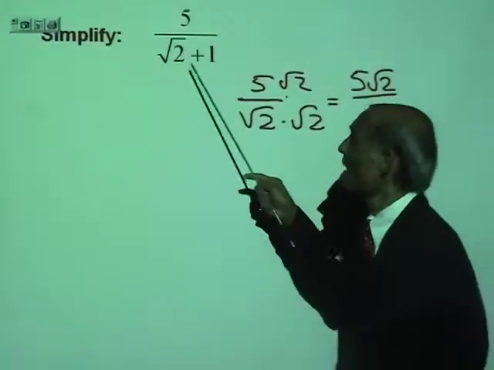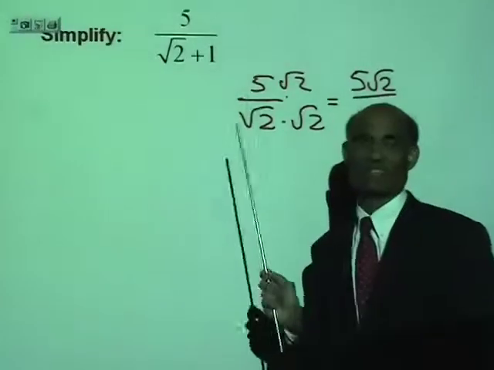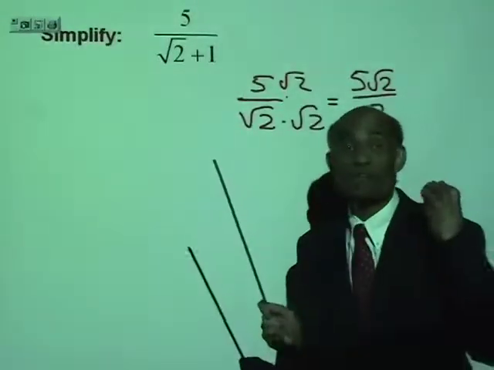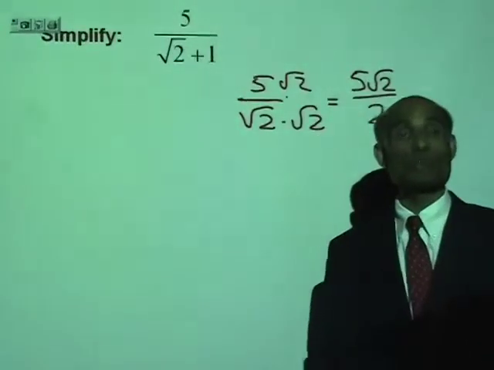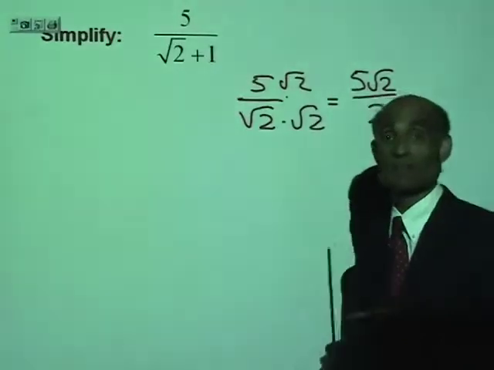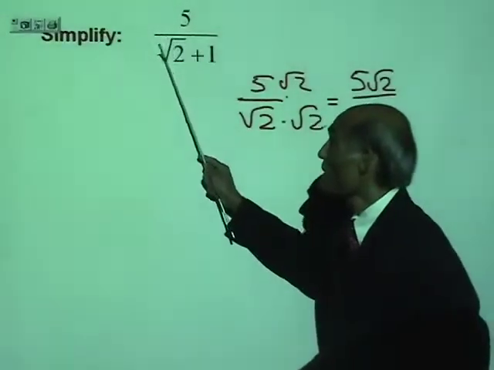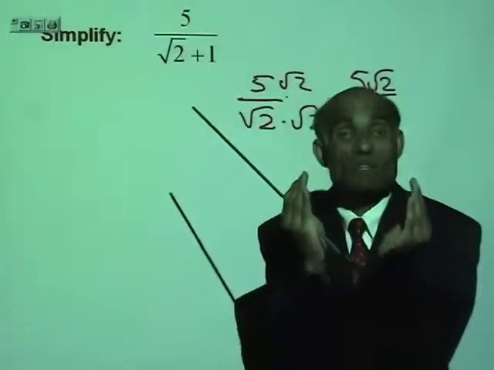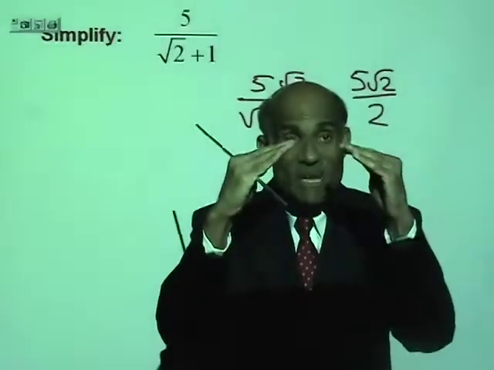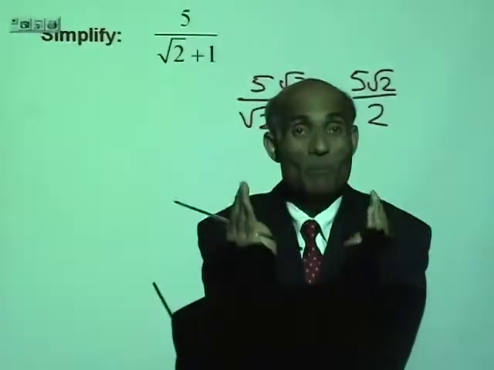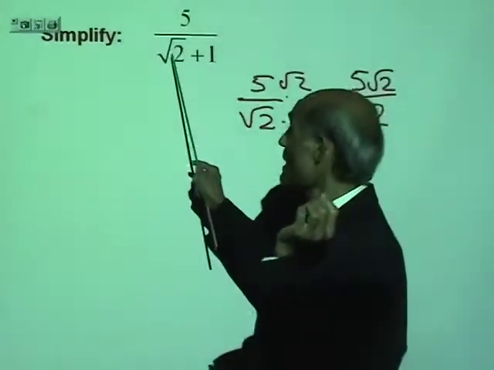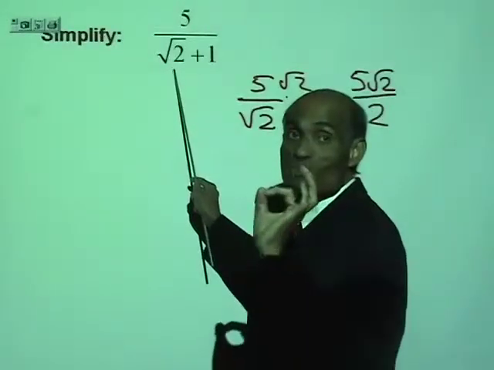Now, how do we rationalize this denominator? Can we multiply the same way by square root 2 on the numerator and denominator? Now remember, the denominator is a quantity. So if you multiply that by something, you must multiply that whole quantity. You cannot multiply anything on square root 2 alone.